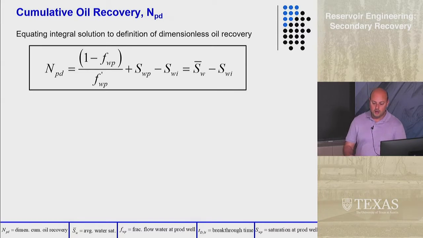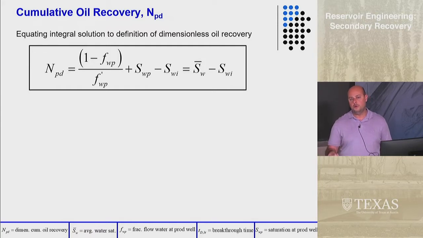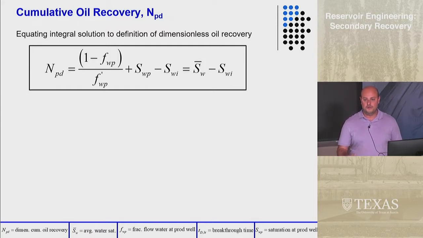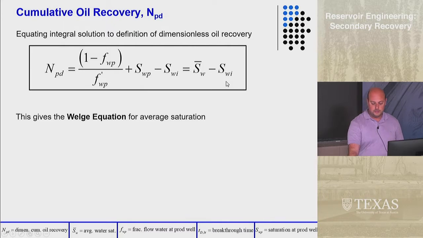So I can write my equation as NPD is equal to (1 minus the fractional flow of water at the producer well) divided by F prime of water at the production well, plus the saturation of water at the production well minus the initial saturation. Or another way to write it is the average water saturation minus the initial water saturation.